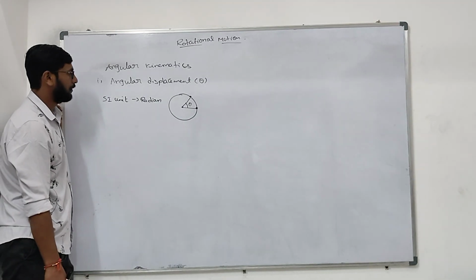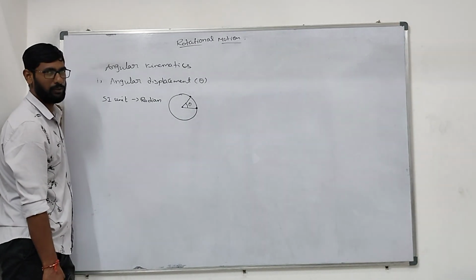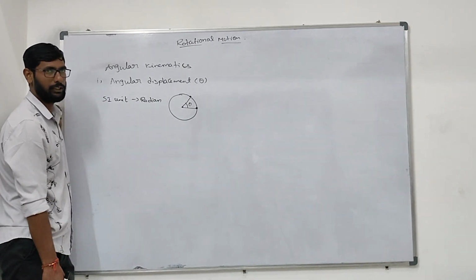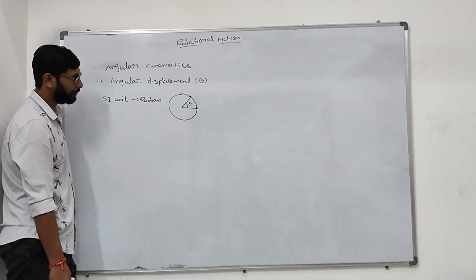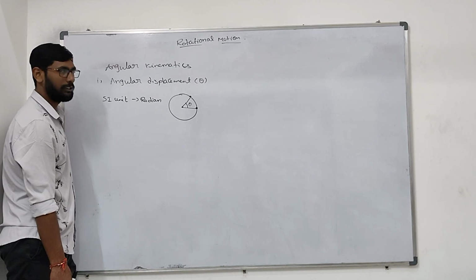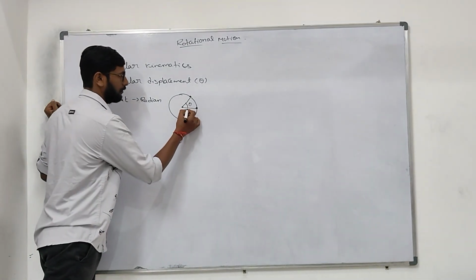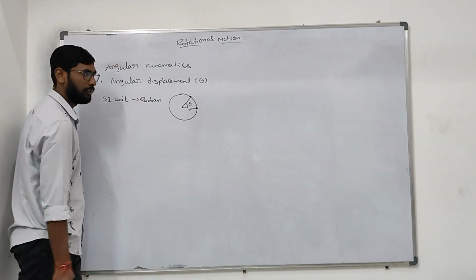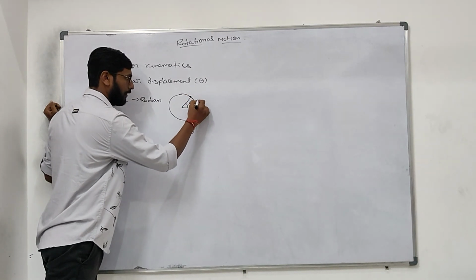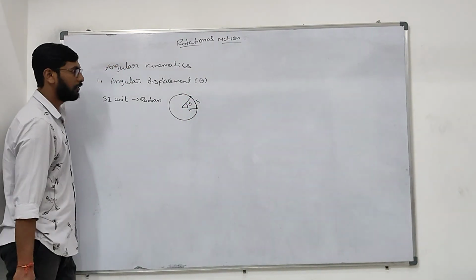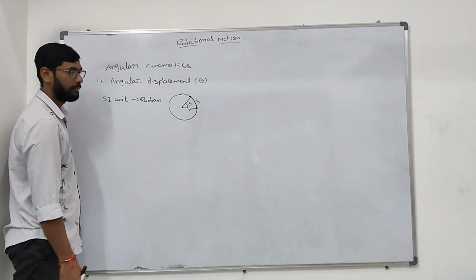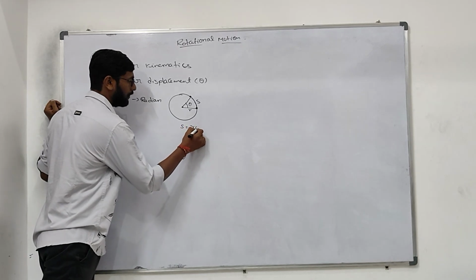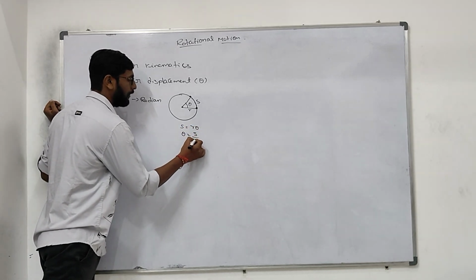Radian, right? We don't have any dimensional formula for angular displacement. Why? Because of how you got this theta: this is the radius, this is the distance traveled. Do you know the relation between these three? Arc length, angle, radius. S equals r theta. So theta equals S by r.